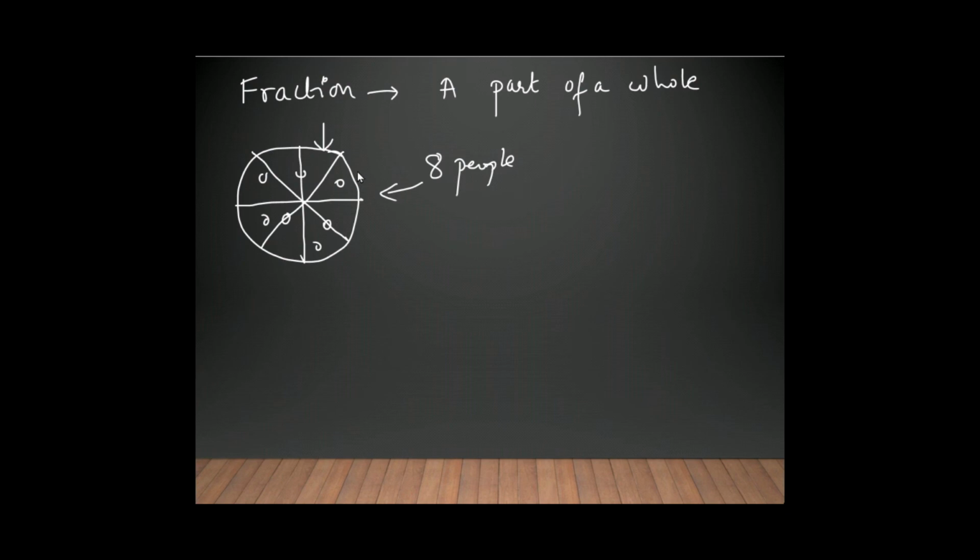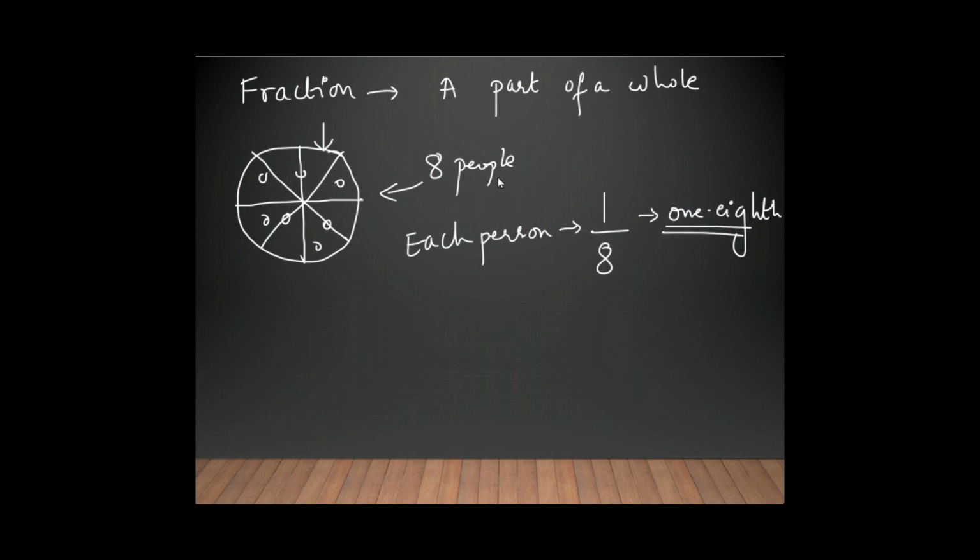So the part of this pizza that is eaten by each one of them, each person is going to get 1 piece out of total 8 pieces. So each person is going to eat 1/8 part of this pizza. This is the word form of 1/8.